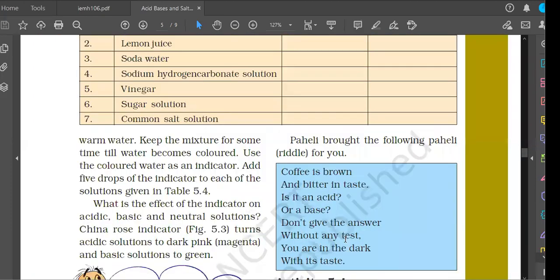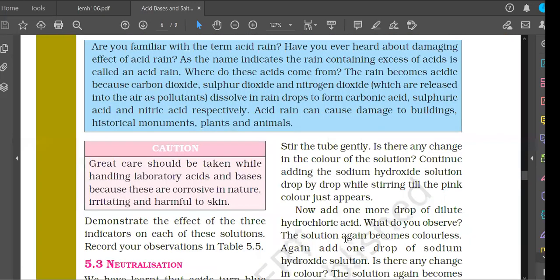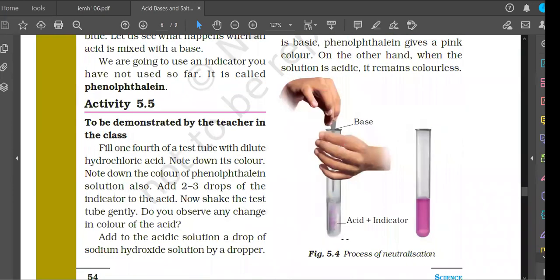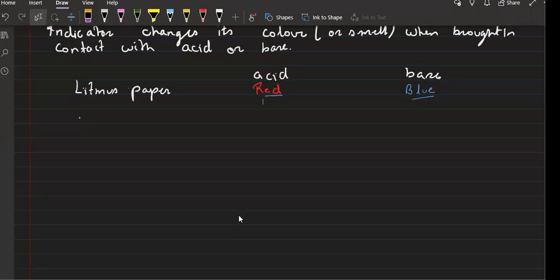So we will just make a table. Okay, we will just make a table and see what the colors are. Right, everyone? Before that, we will talk about synthetic indicators and we will make a table.